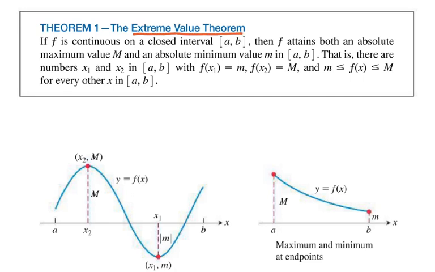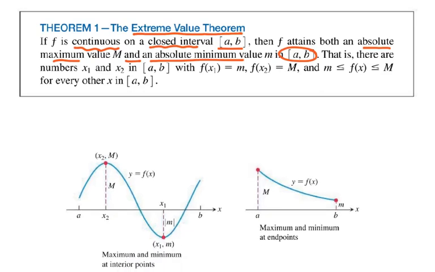And what that says is as long as the function is continuous and on a closed interval from a to b, then as long as that interval is closed, and think about the examples we just looked at, then there will be both an absolute max and an absolute minimum somewhere in that closed interval. Okay, so basically as long as it's continuous and it's on a closed interval, there will be a max and a min value.